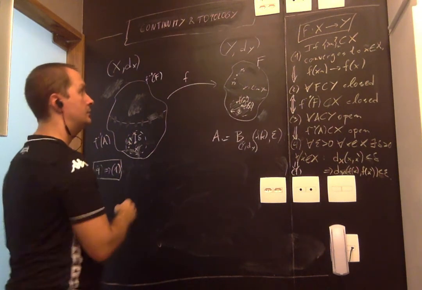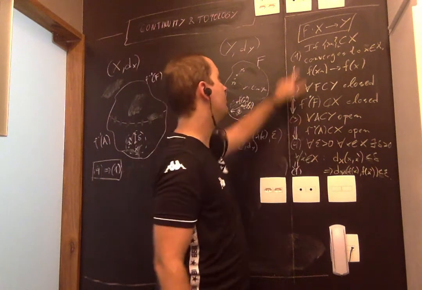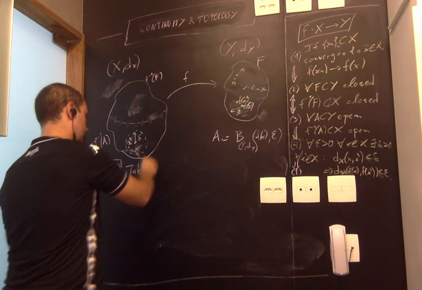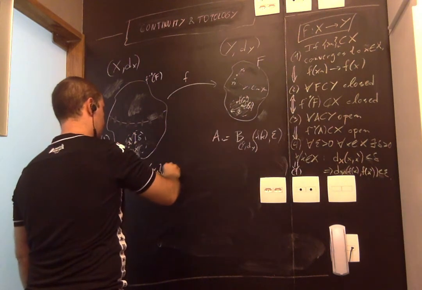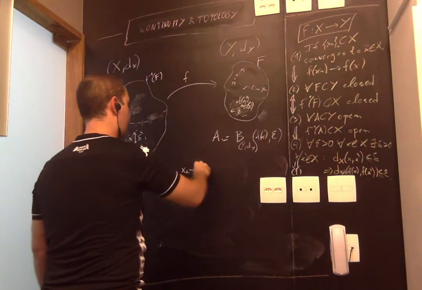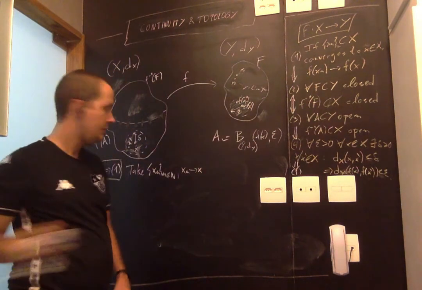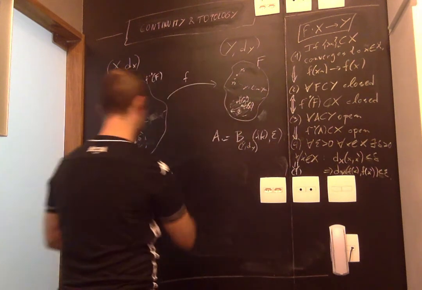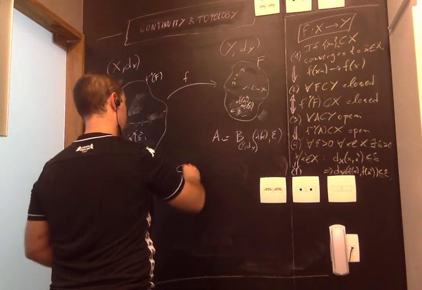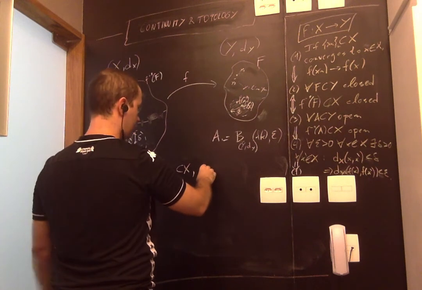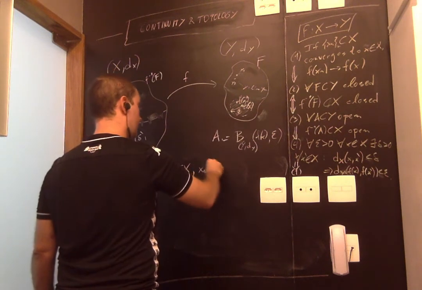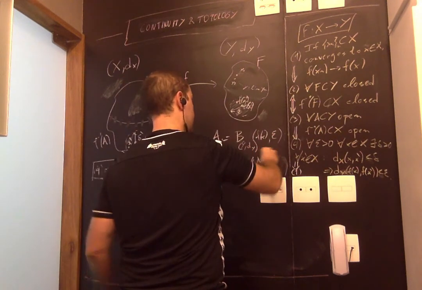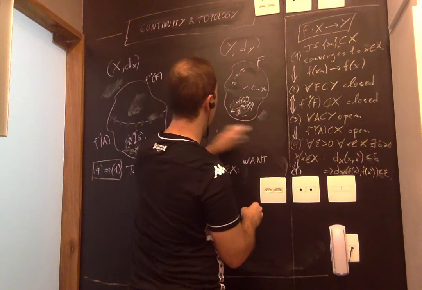So if I want to prove that 4 implies 1, I have to take a sequence X sub n contained in a set X such that X sub n converges to X. And I want, let me erase this A, which I don't need anymore.